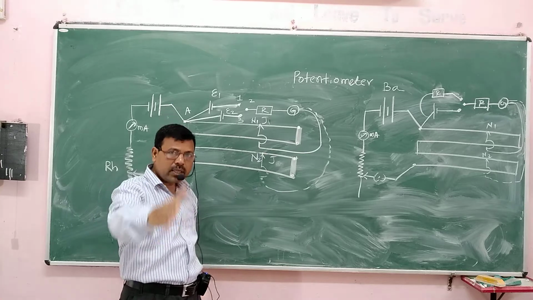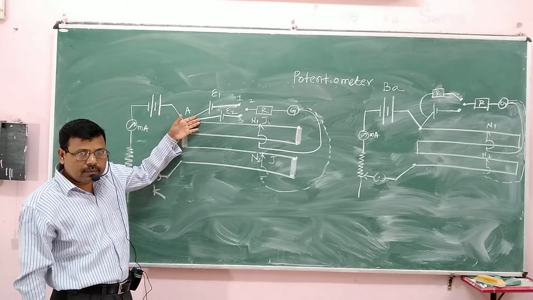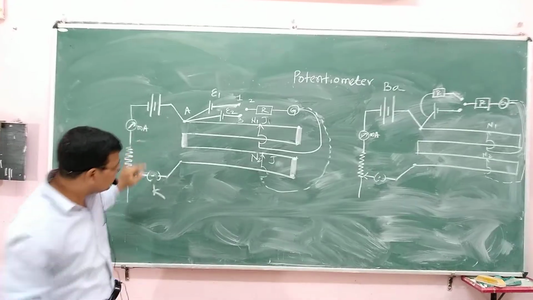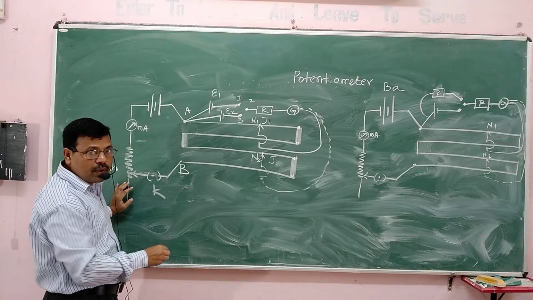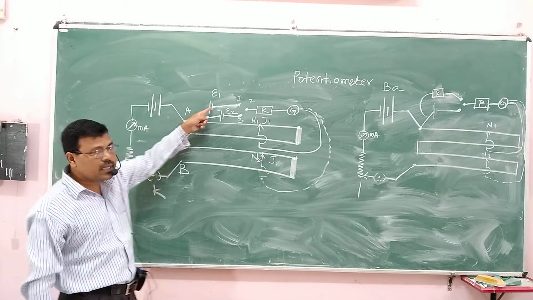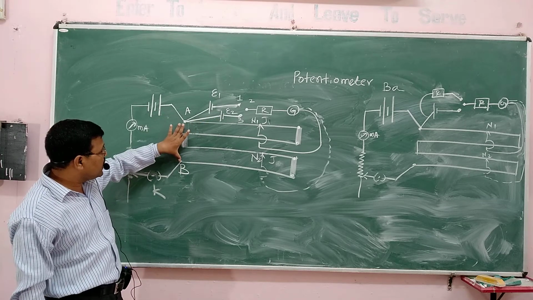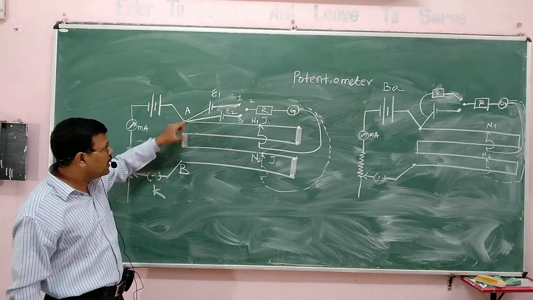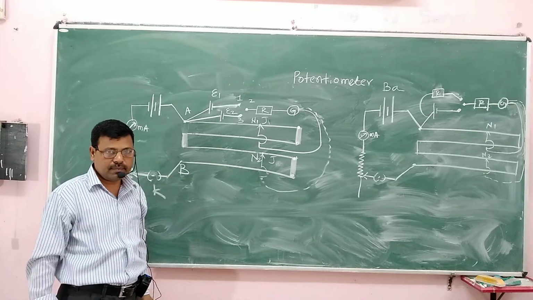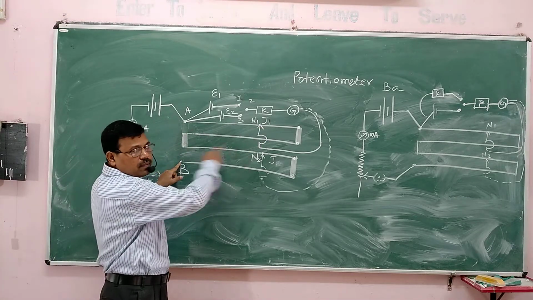There will be one side deflection because the balancing point does not lie between the points A and B. If the applied voltage at these 2 points is more than the EMF of either cell, then there will be opposite side deflection, and the balancing point lies between these 2 points on the bridge.